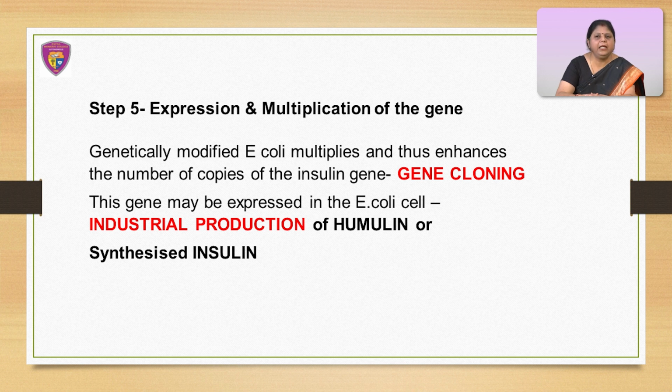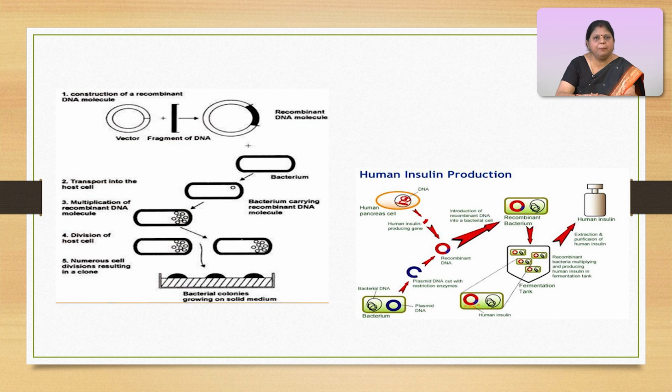And now, the E. coli will be capable of producing the insulin commonly known as humulin. Large scale production of insulin has been achieved by converting E. coli into a biofactory, which is the most popular use for the treatment of diabetes. Insulin has been produced commercially at low cost.